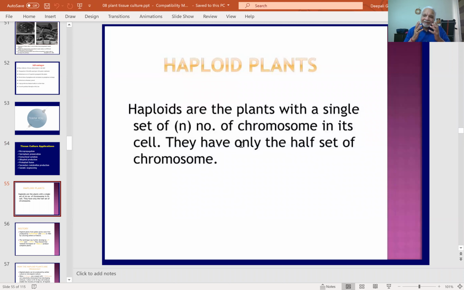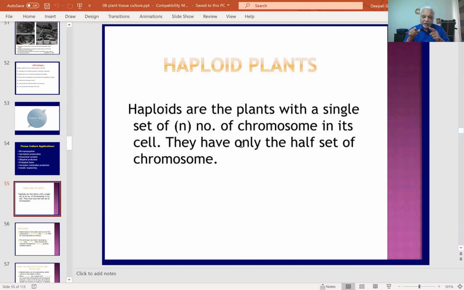As a definition, a haploid plant has a single set of chromosomes, meaning they have n number of chromosomes in their cells. If the diploid cell has 2n chromosomes, the haploid plants have only half the set, or a single set of chromosomes.